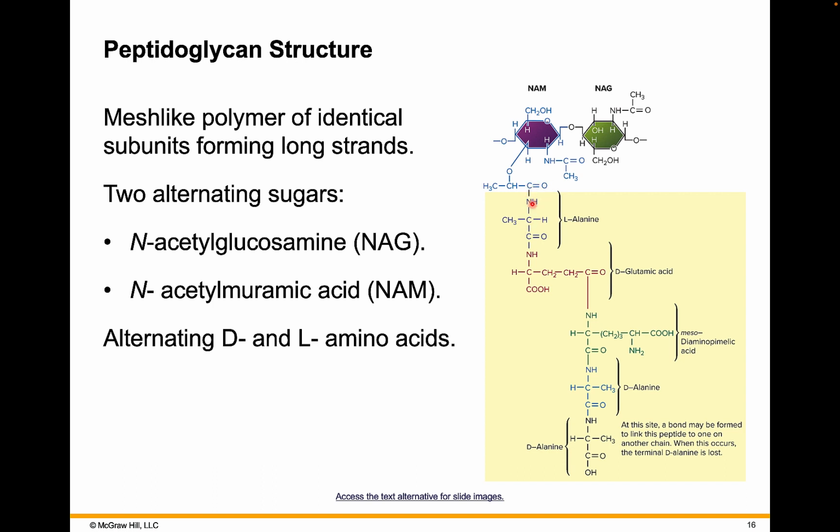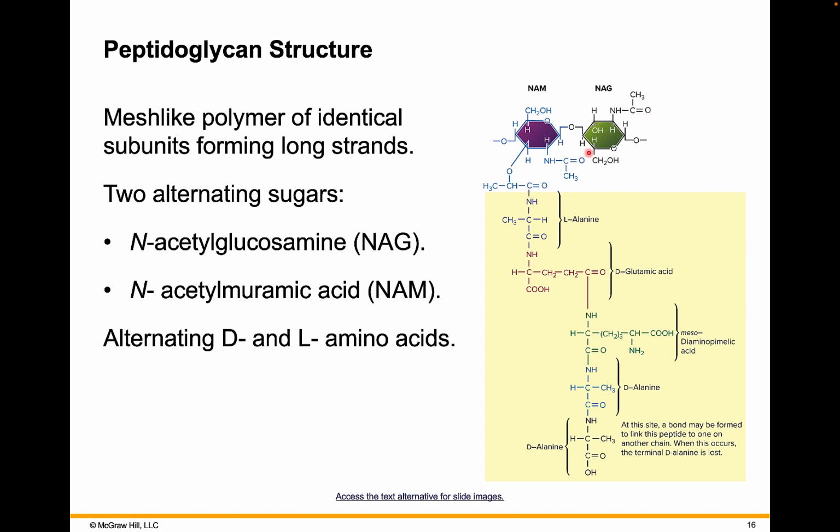Essentially, without this, NAM will have COOH, which can ionize into COO minus plus H plus. So this is essentially the NAM, or muramic acid. An acid is a proton donor, so this can ionize into COO minus and H plus. H plus is the proton, so this is the N-acetylmuramic acid.